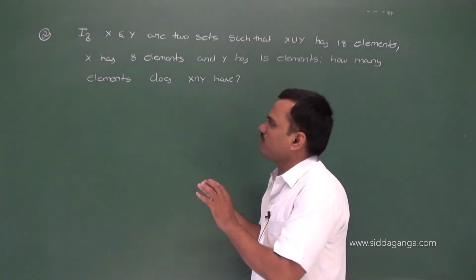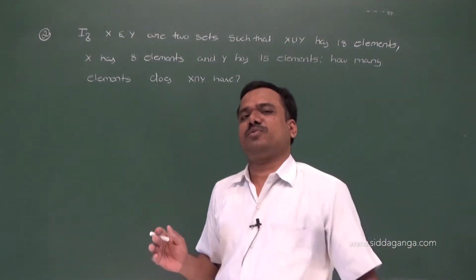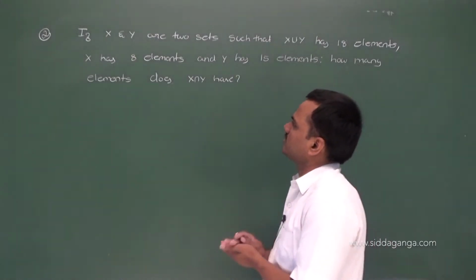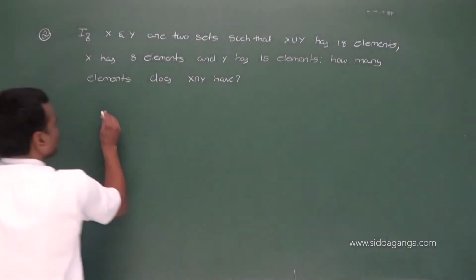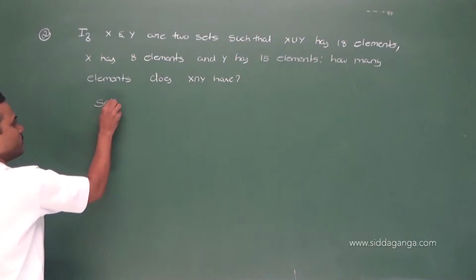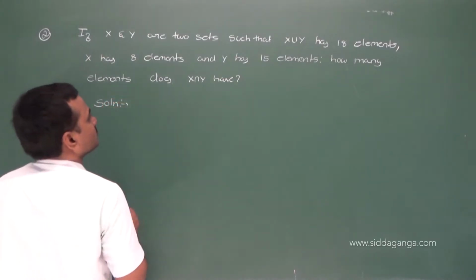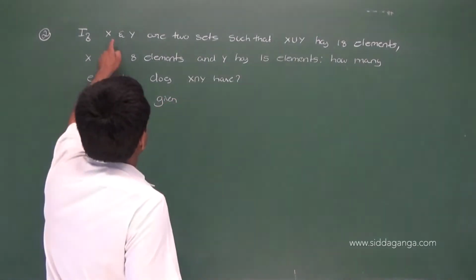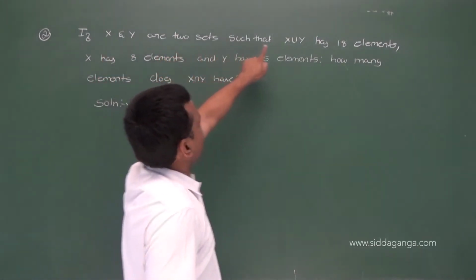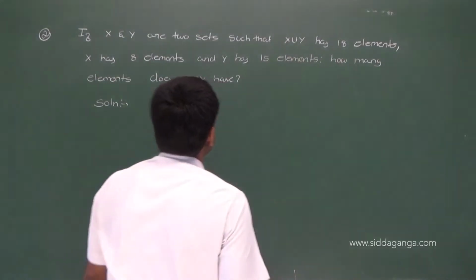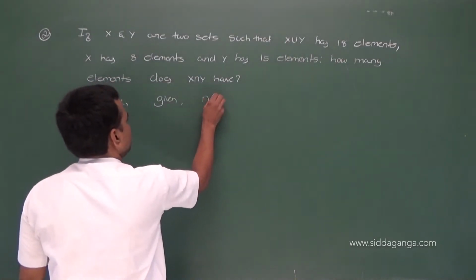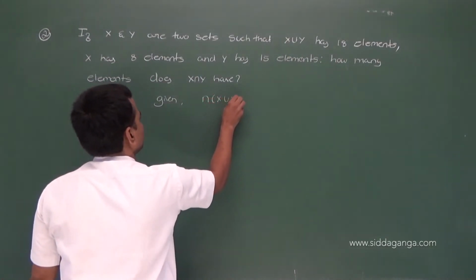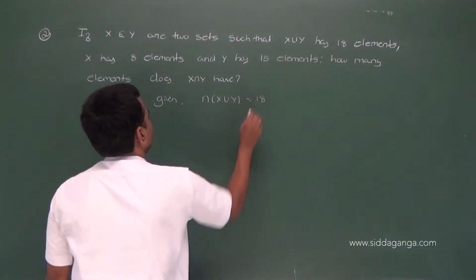Same type of problem that we discussed in the previous problem, correct? Okay, so solution. Given X and Y are two sets such that X union Y has 18 elements. That means n of X union Y is equal to 18.